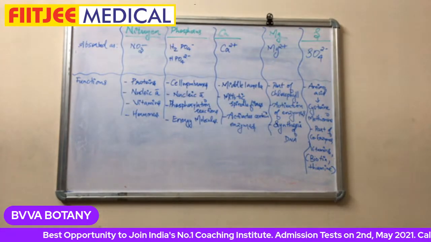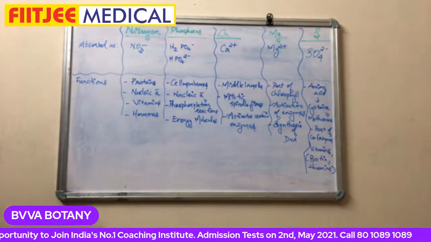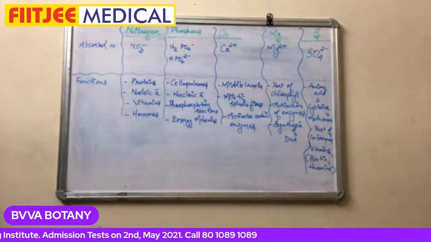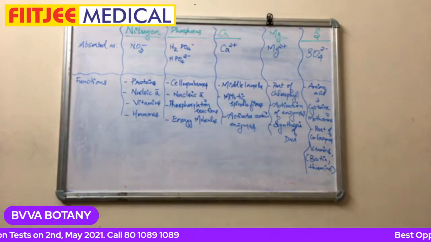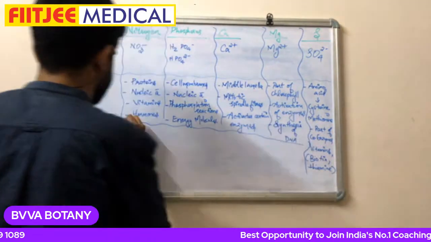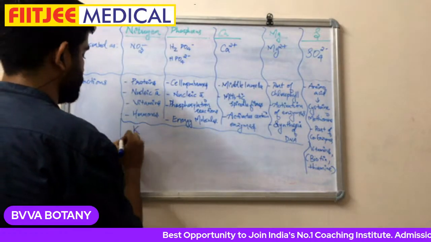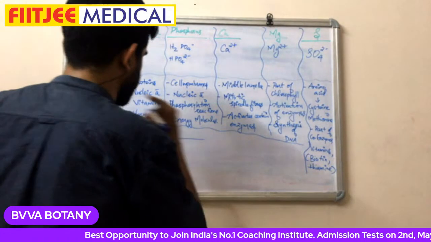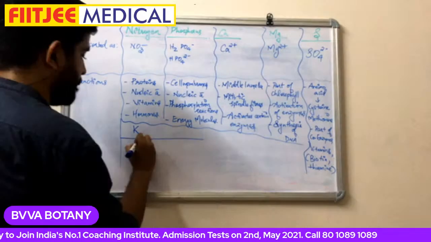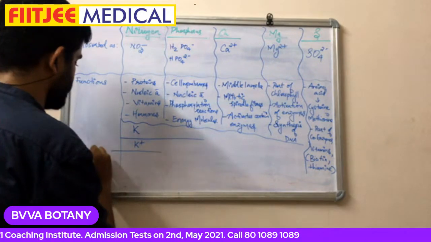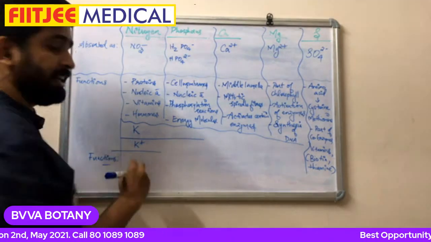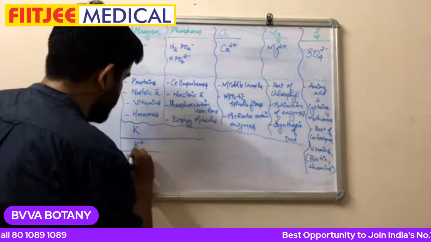Okay. Now I am erasing nitrogen, and here we will write potassium. So again, it is absorbed as what? K plus ion. Function: we already said that it is helping in maintaining the osmotic potential.